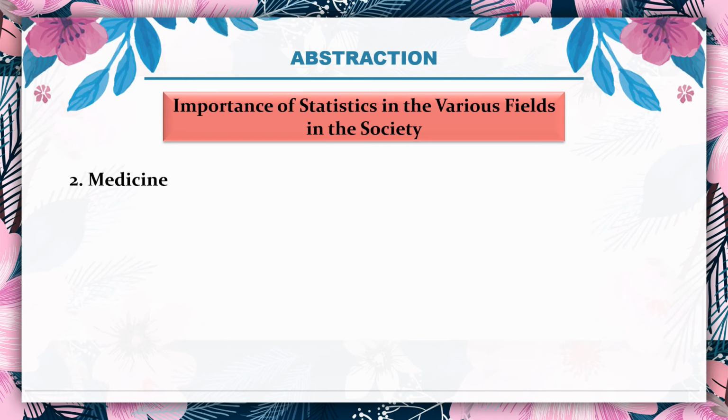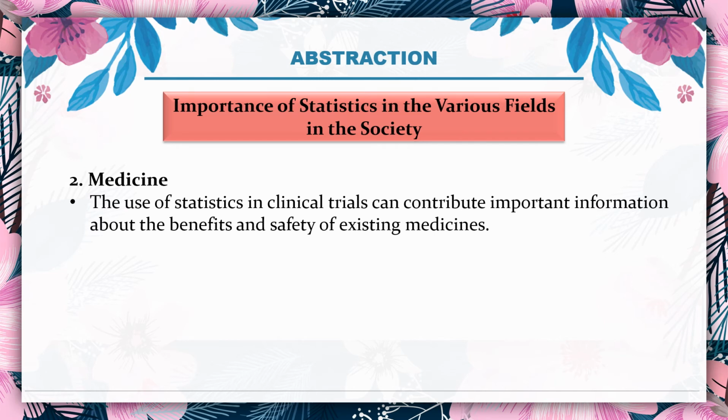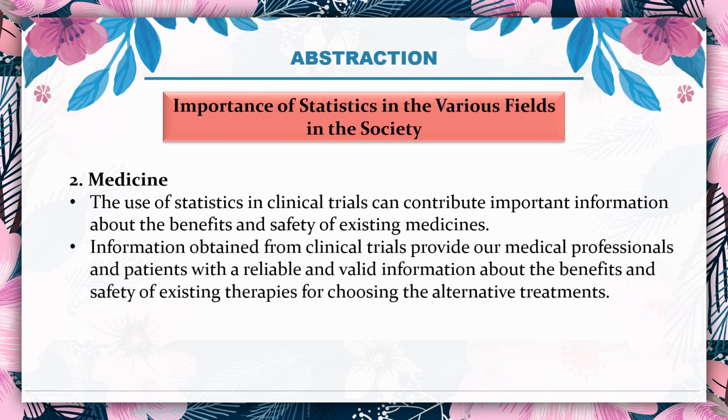Next is medicine. The use of statistics in medicine is this. First, it is very helpful in clinical trials because the use of statistics in clinical trials can contribute important information about the benefits and safety of existing medicines. Information obtained from clinical trials also provides our medical professionals and patients with reliable and valid information about the benefits and safety of existing therapies for choosing alternative treatments.